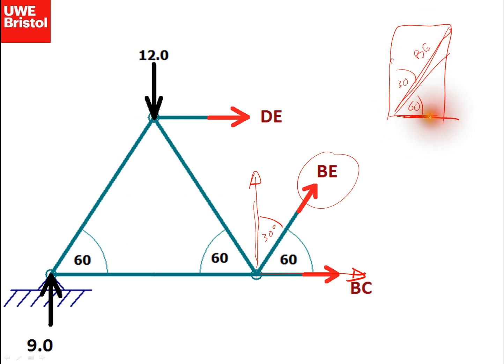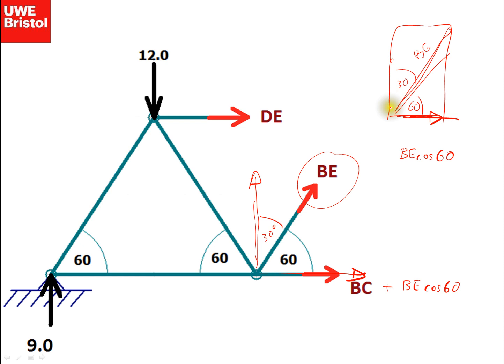So if I want to split it up going along the horizontal, I want to say BE times cos 60 is going along this horizontal. So we've got plus BE times cos 60.